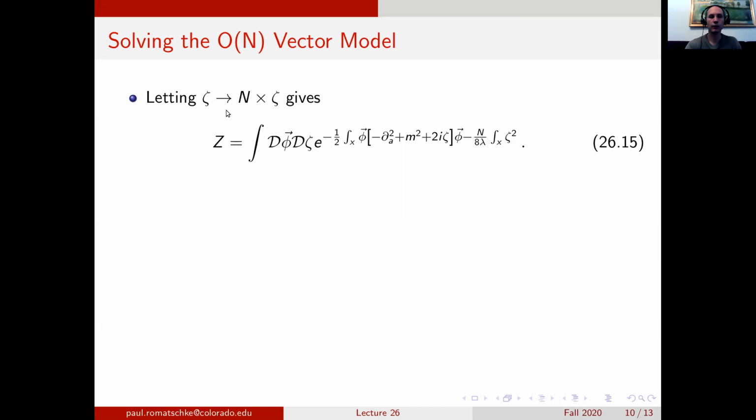If we now rescale zeta to N times zeta, we find the following representation for the path integral. It's given in this equation 26.15 here.